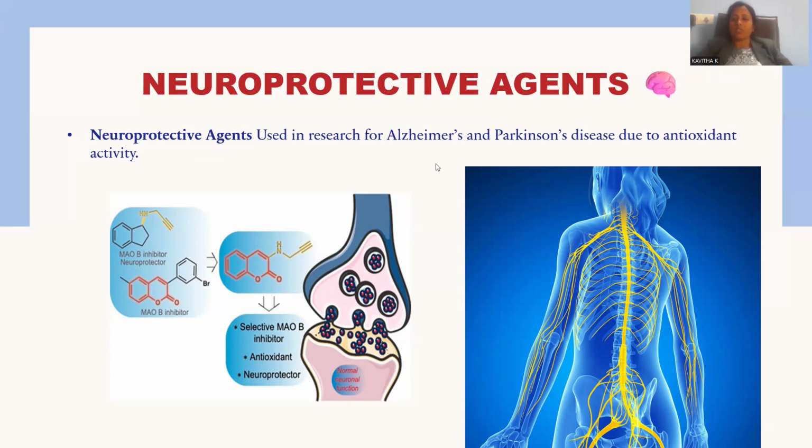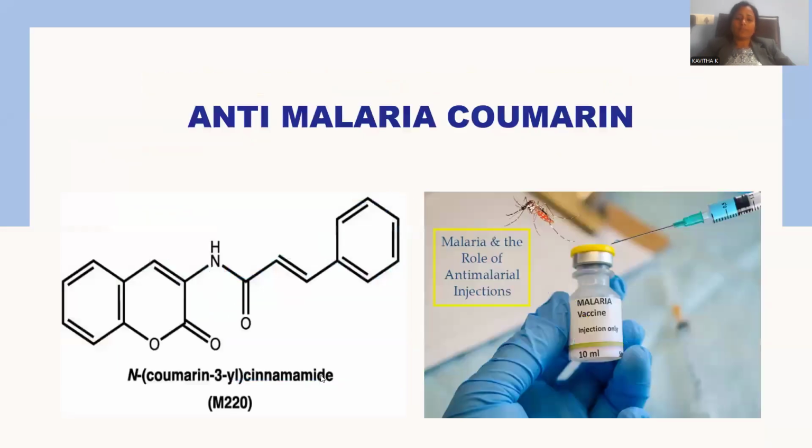And Parkinson's is due to the deficiency of the dopamine neurotransmitter, giving rise to a kind of neurological disorder induced in the patient. Both neurological disorders will be effectively cured by this neuroprotective agent called coumarin. The scaffolds manifested here are effective neurotransmitting agents, effective neuroprotective agents working against Alzheimer's and Parkinson's together.